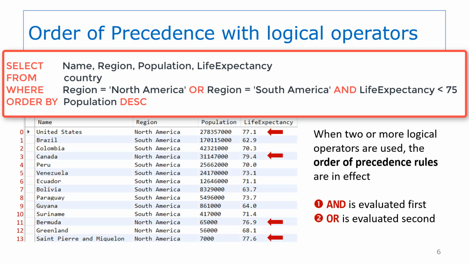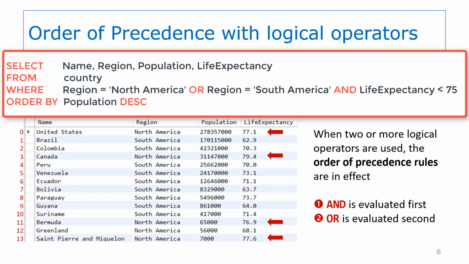When you use 2 or more logical operators in a where clause and the operators are not the same, then the order of precedence rules comes into effect to determine how the clauses are evaluated. If you've worked with other programming languages that use logical operators, you've run into these rules before. The same rules are used in SQL.